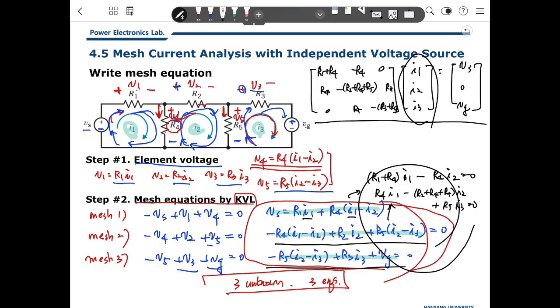From there, we get equations in the unknown mesh currents, and through the equations we can solve for them. Based on those, we can recalculate the current or voltage of each element. That's the way to use mesh current analysis.